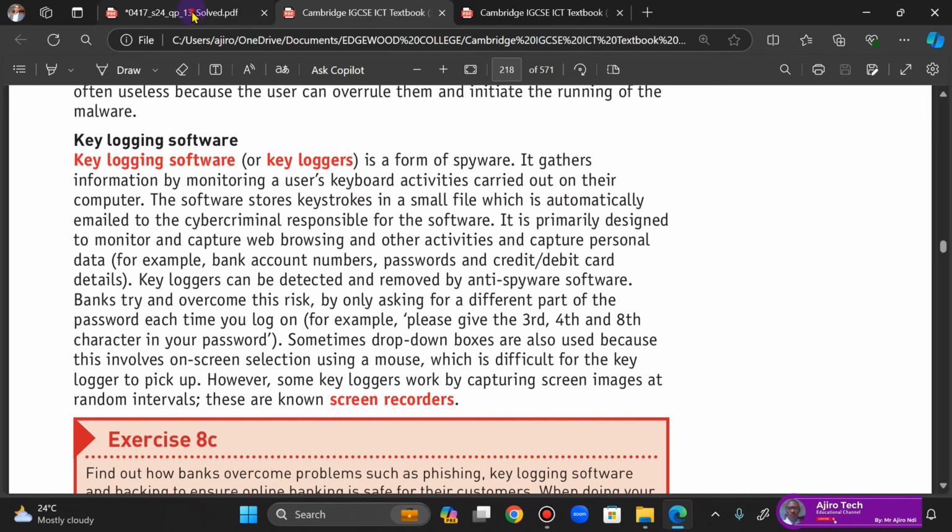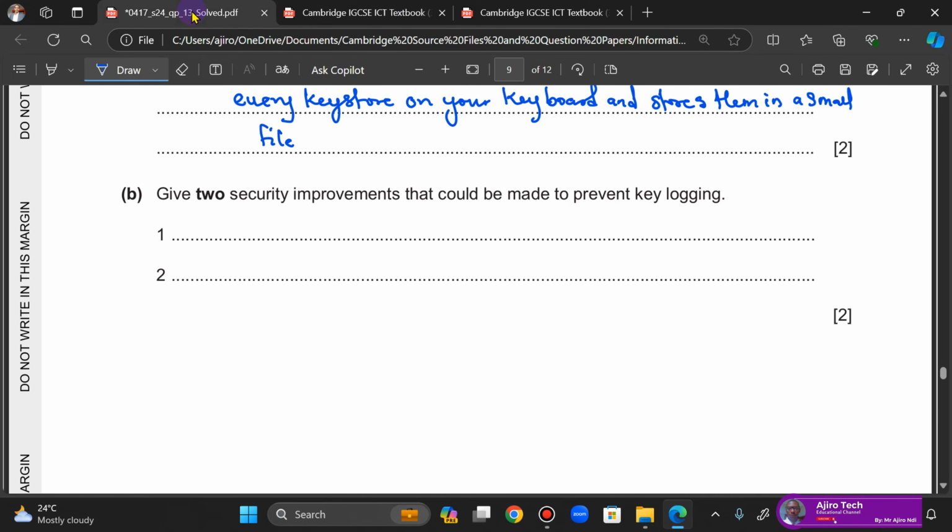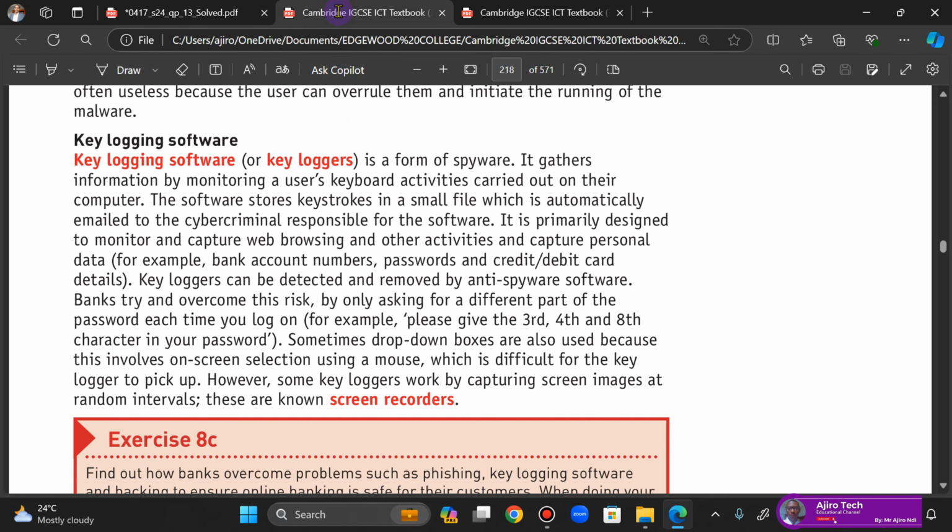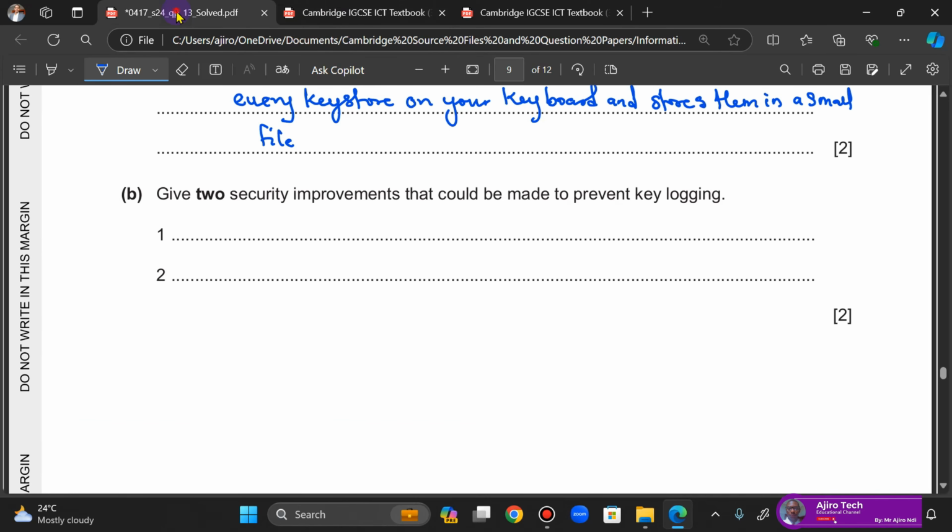So all these are ways we can do that. The first security improvement is to install anti-spyware software.